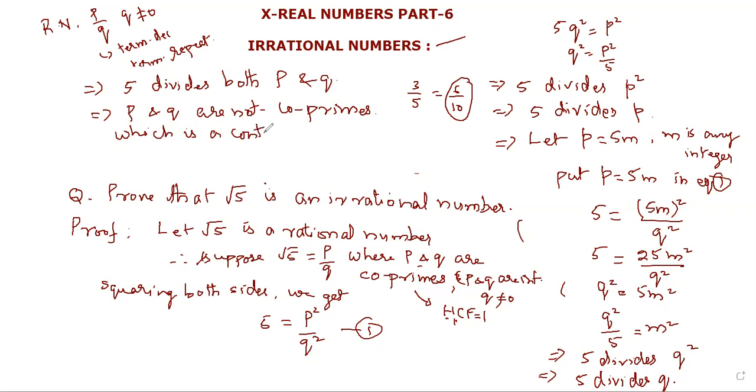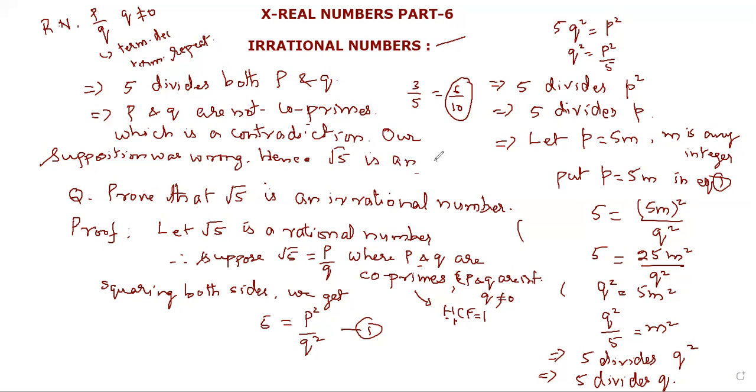In every question at last, you have to write these words: which is a contradiction, our supposition was wrong, hence √5 is an irrational number.